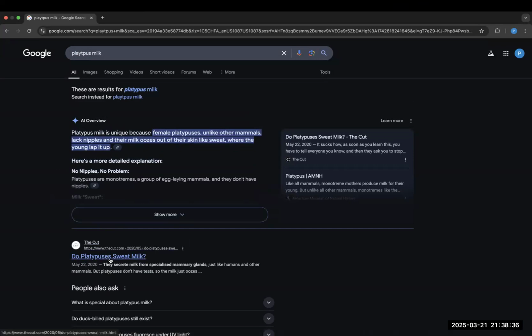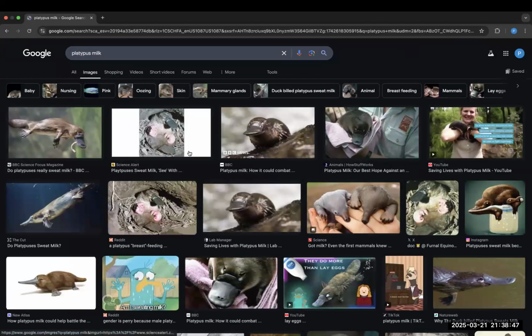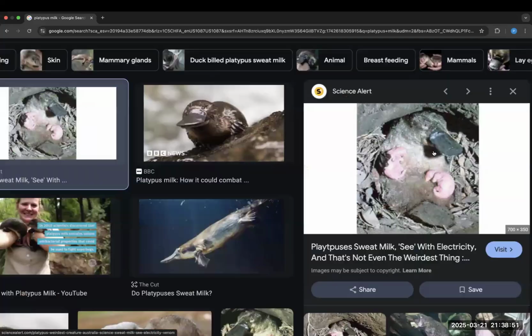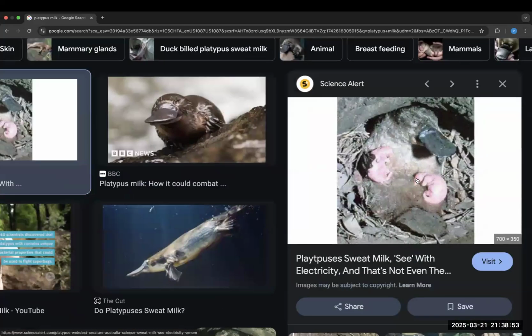The reason it's asking that is because they sweat milk onto the fur. So let me see if I can find an image. So yeah, they sweat milk onto the fur, and then their little ones. So the fur gets soaked with milk, and then their babies basically just suck the milk out of their fur.